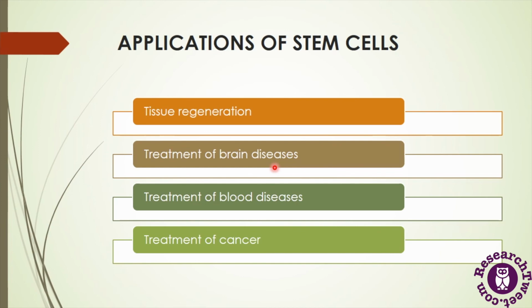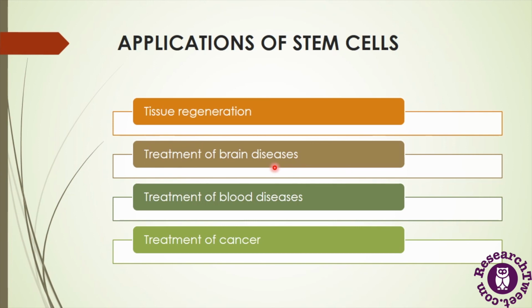So tissue regeneration is the most important application of stem cells because we know that they have the ability to convert into a specific type of cell, and this is a very helpful process for kidney and liver transplant processes. Now another application is treatment of different brain and cardiovascular diseases, where these cells help to replace the damaged brain cells and damaged cardiovascular or heart cells.